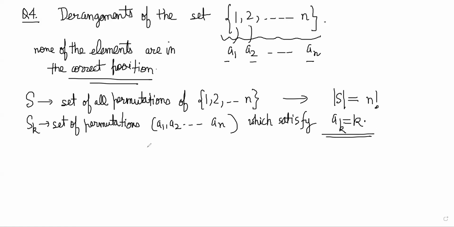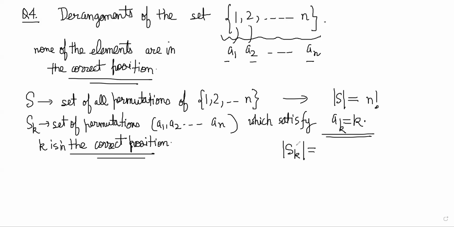So basically what this says is that k is in the correct position here. The element k from 1 to n is in the correct position. So Sk is the set of all such possibilities. So it is obvious that mod of Sk, k is in the correct position and the remaining can be in any position, so it will be simply n minus 1 factorial, right?